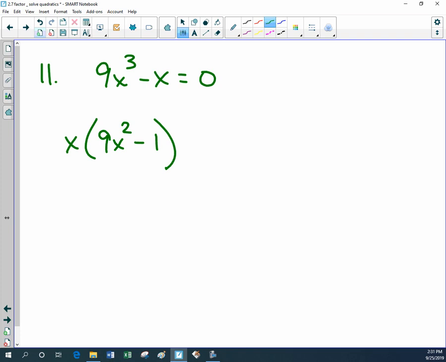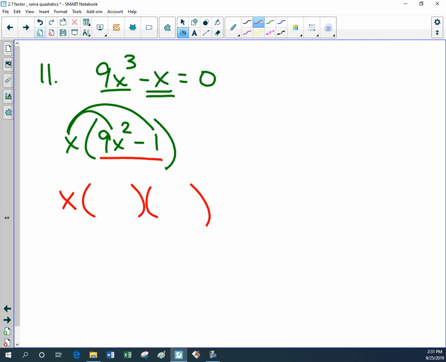Remember, when you multiply this back out, you have to get what you started with. So x times 9x squared would be 9x to the third. X times negative 1 would be negative x. And then from this point here, what we have to recognize is that 9x squared minus 1 is a difference of squares. So it'd be 3x plus 1 and 3x minus 1.